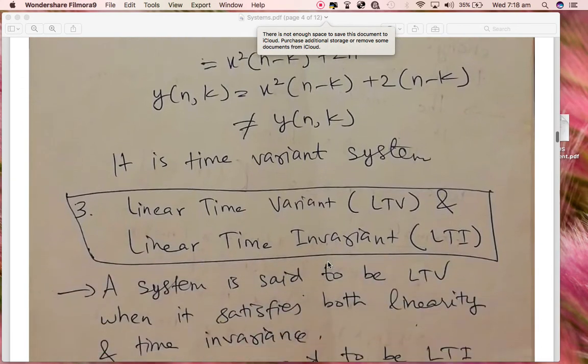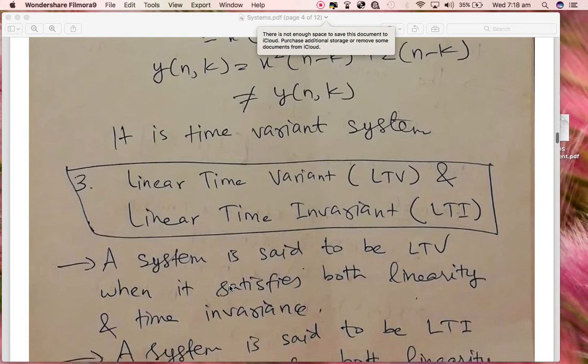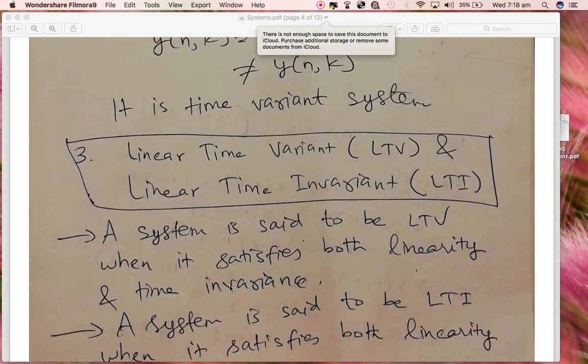Now we have already seen the linearity condition, in what cases the system is linear or non-linear, and in what situation the system is time variant and time invariant. Now we have a system which is coupling both these scenarios, which is a linear time variant system as well as a linear time invariant system.